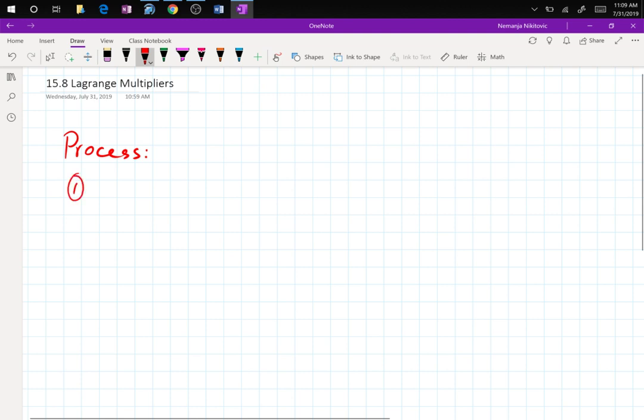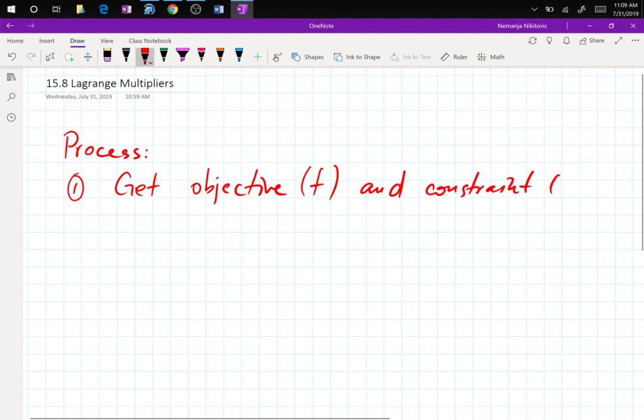Number one, get objective f and constraint g equations. Just get those.